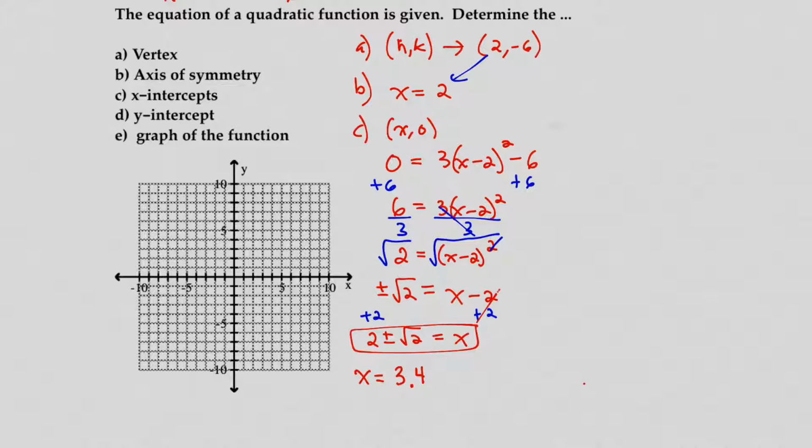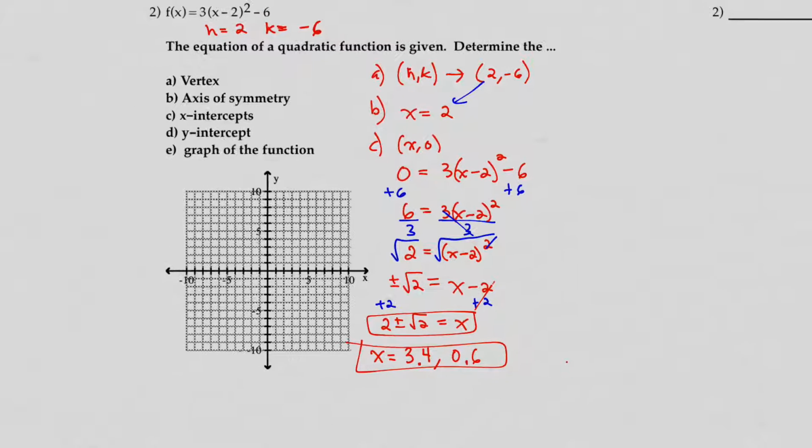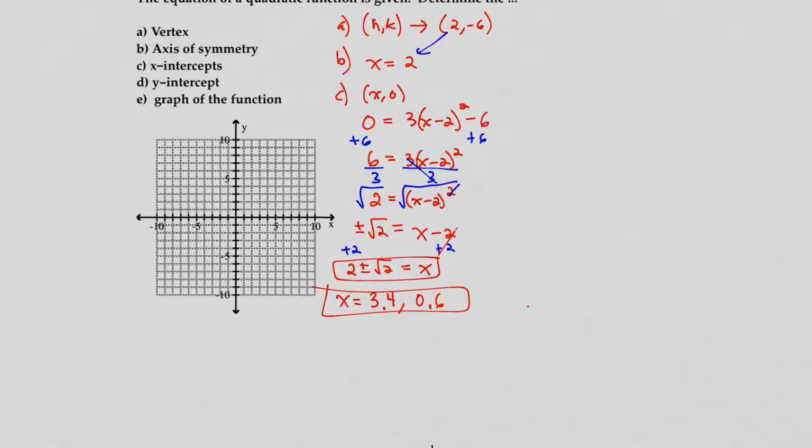Okay, so 3.4 is the first one, and then if you do 2 minus 1.4, you're going to get 0.6. You don't really need those on a test as they produce decimals, but now we can actually graph those. But we're going to go ahead and continue here.